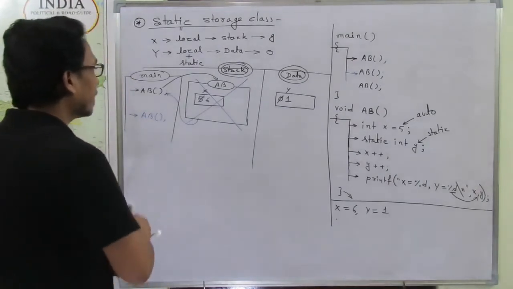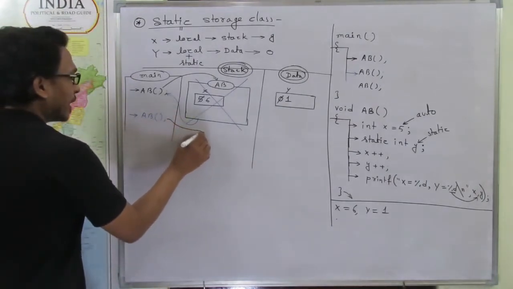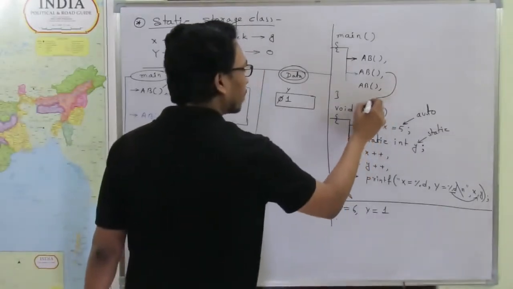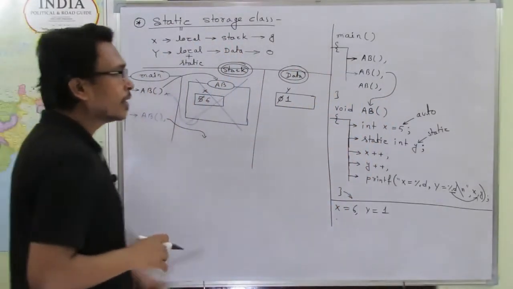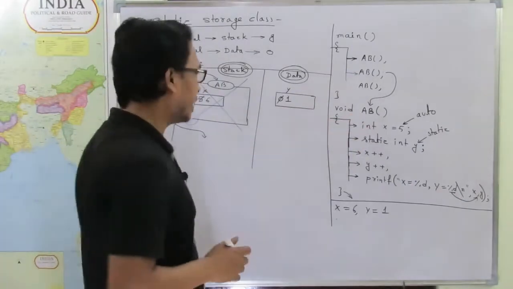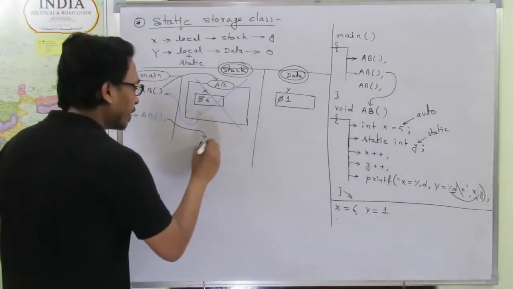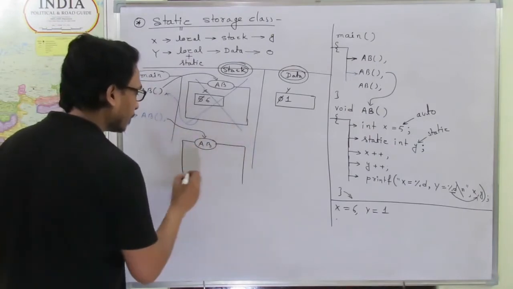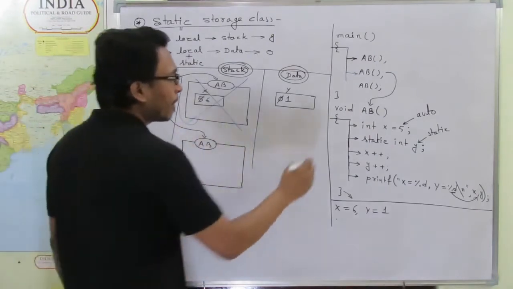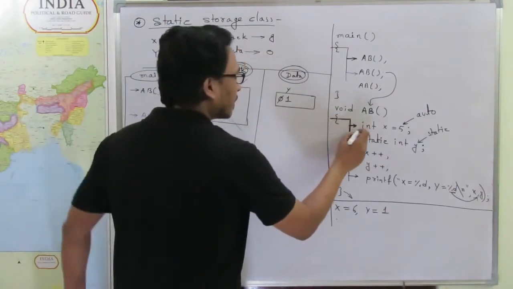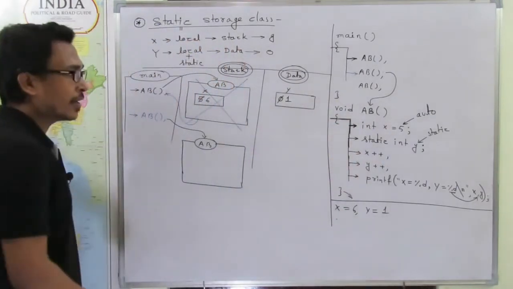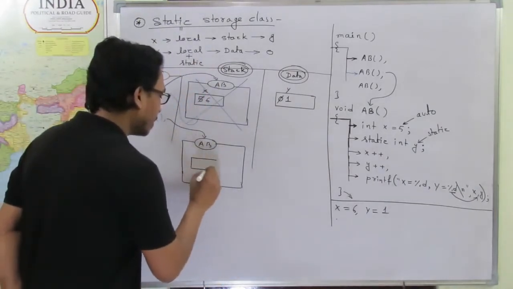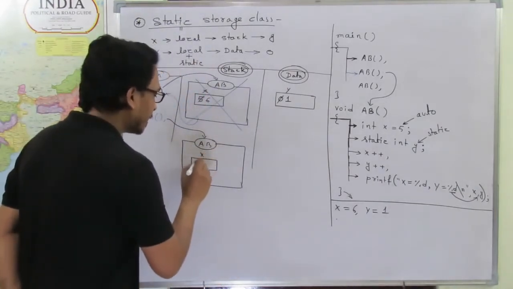The system will again come out from the main function and enter inside the ab function, and memory is allocated for the ab function in stack section. Now look here. Inside this function, integer x is allocated, we declare integer x, that means memory is allocated for the variable x and initialized with 5.